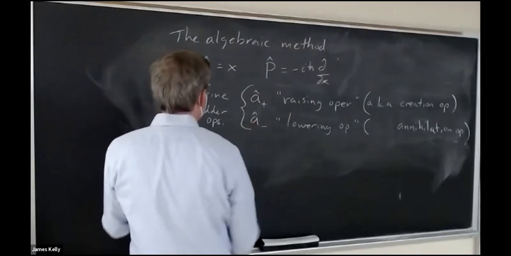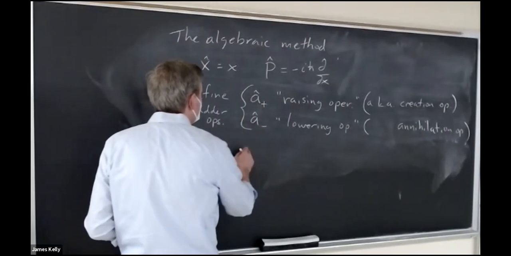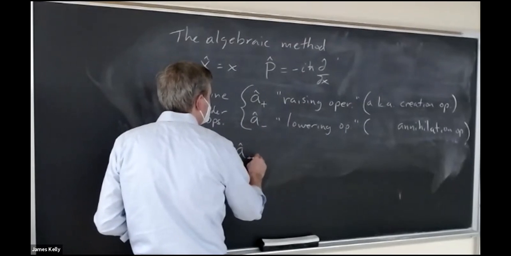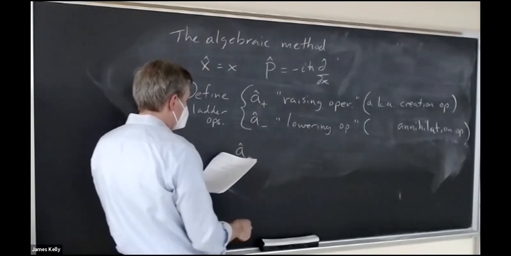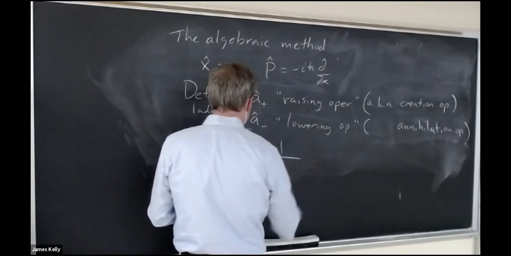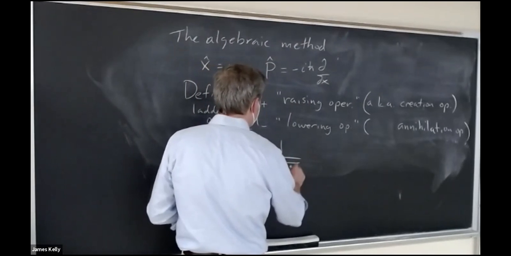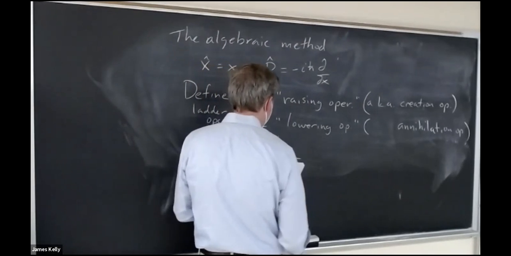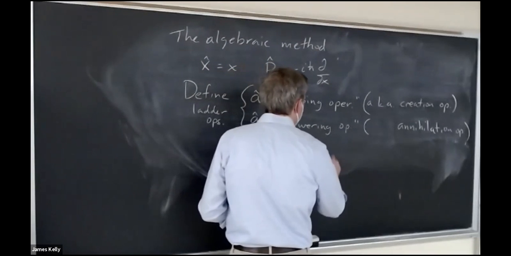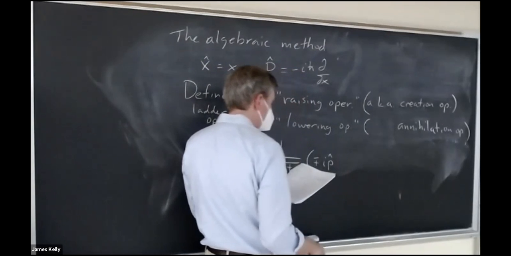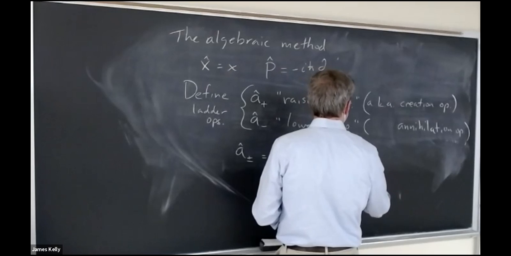Here's how we're going to define these two operators. So they're defined in terms of momentum and position operators. We'll give a formula for both of them at the same time. a plus or minus is equal to this constant, 1 over root 2m h bar omega, times minus or plus i p hat plus m omega x hat.